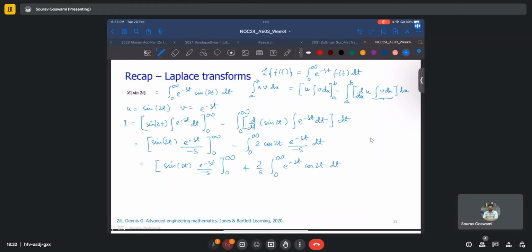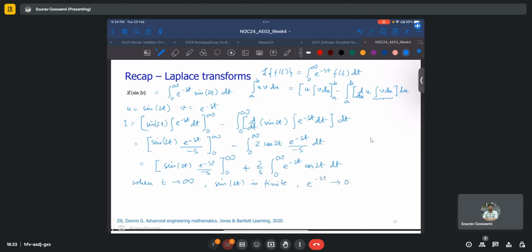Now let's look at the first term here. When t approaches infinity, sine of 2t is still finite because its value will always range between minus 1 and 1, and e to the minus st will tend to 0. So I raise e to a very large power, but it's negative, so it'll tend to 0.